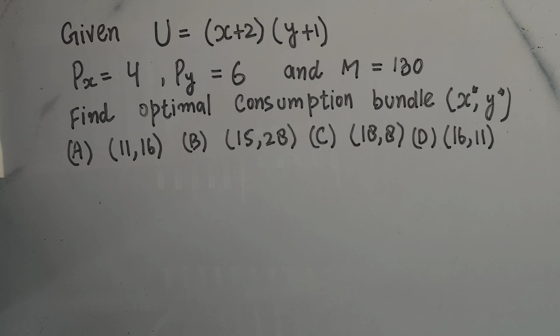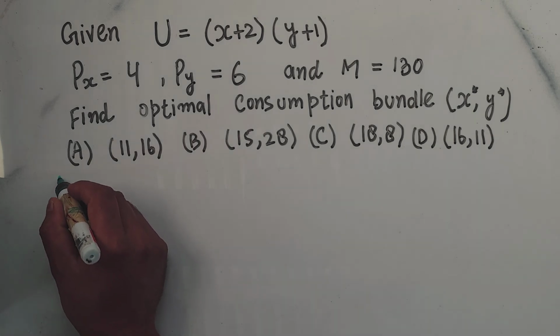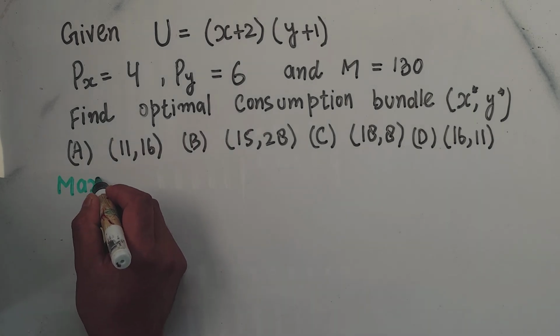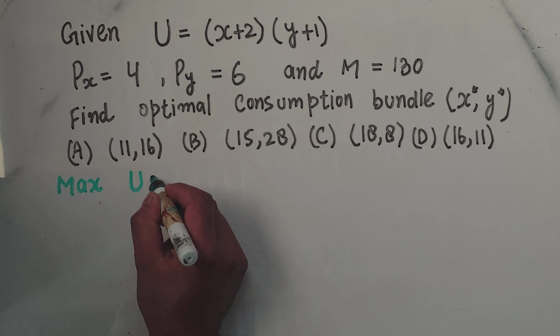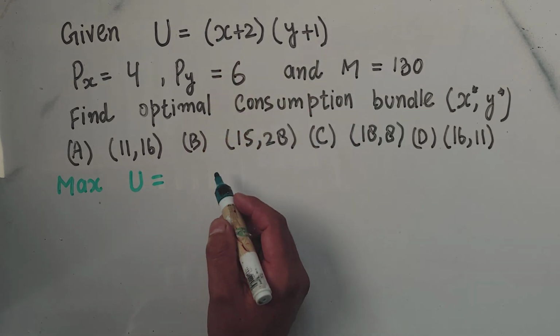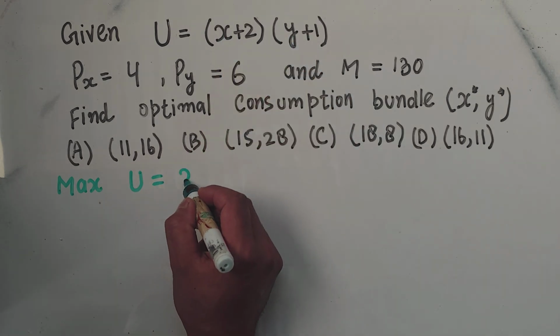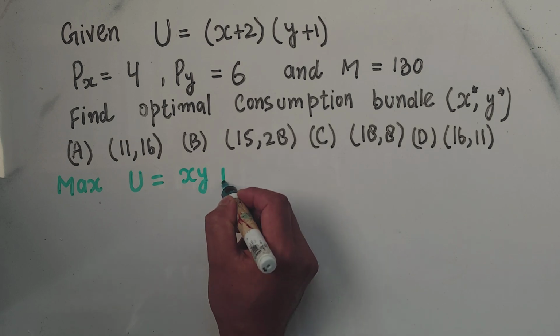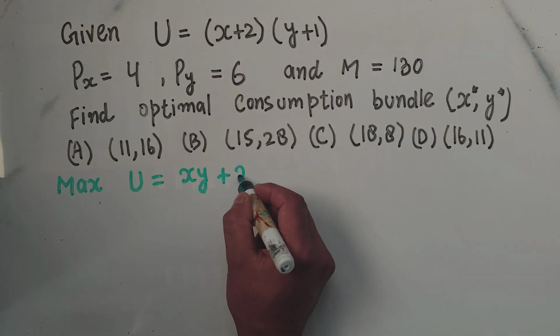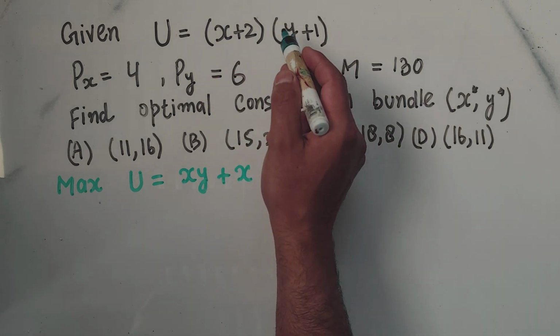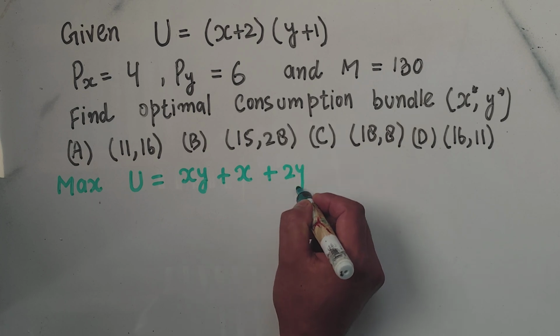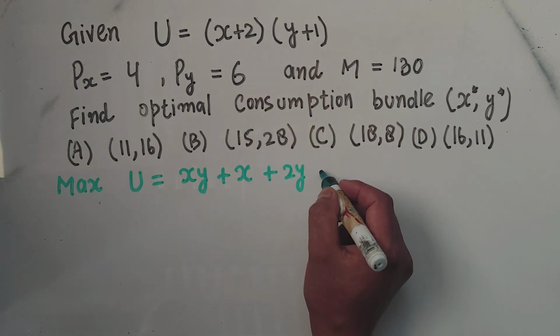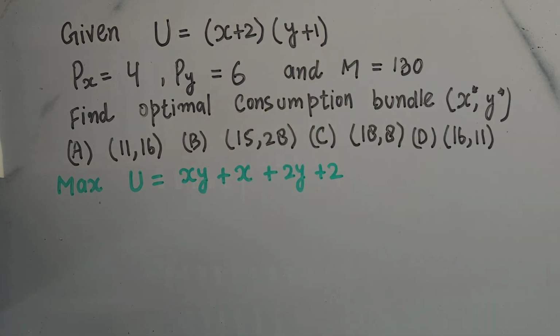Okay. So what happens here? We want to maximize the consumer's utility, that is U is equal to, if I solve it here, x into y is xy, plus x into 1 is x, plus y into 2 which is 2y, plus 2 into 1 is 2. This is our utility function.